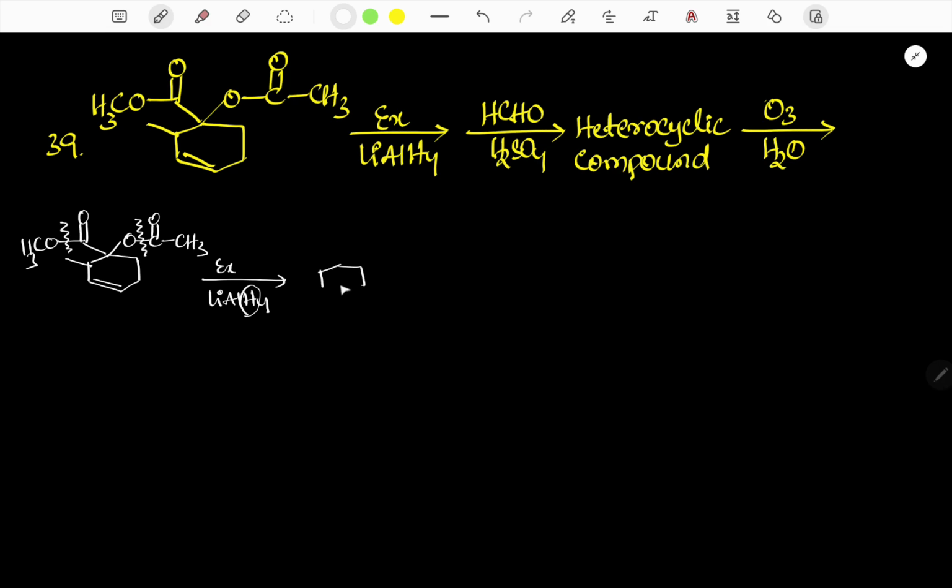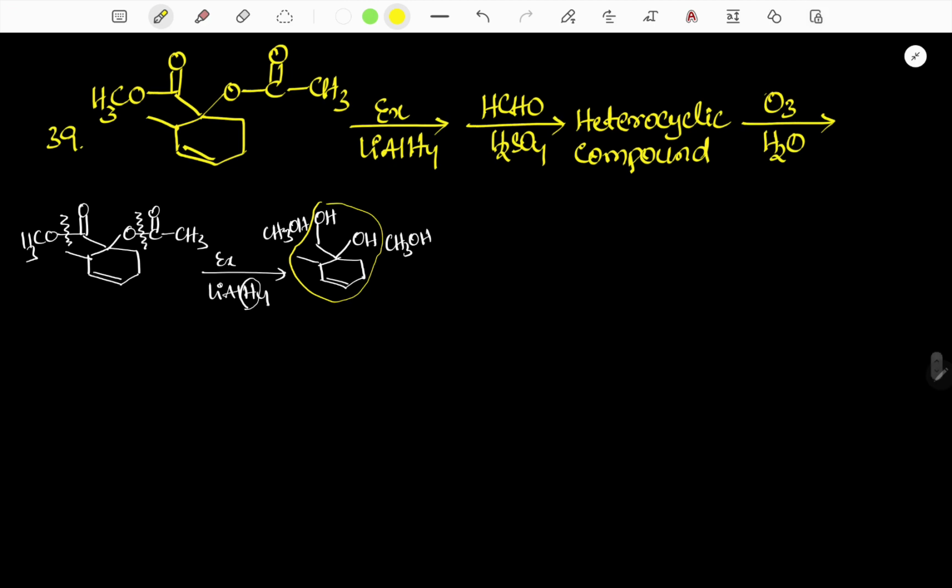So it gives finally the corresponding product, and here the leaving group is CH3CH2OH, and it is also converted into alcohol and the leaving group is CH3OH, and here also the leaving group is CH3OH. So this is one of our products.